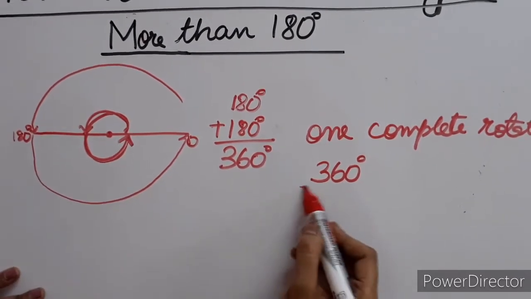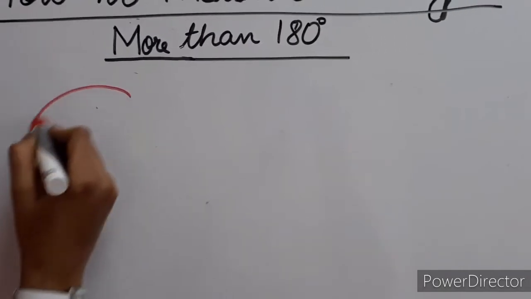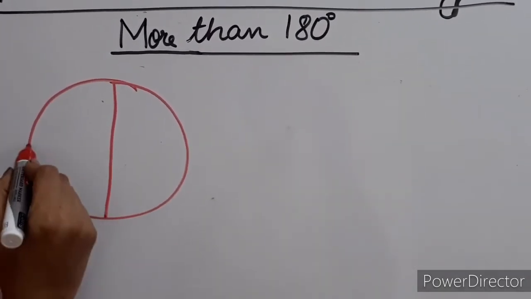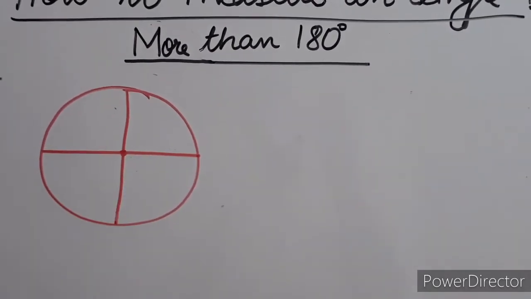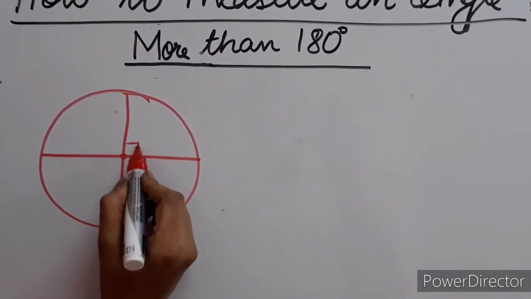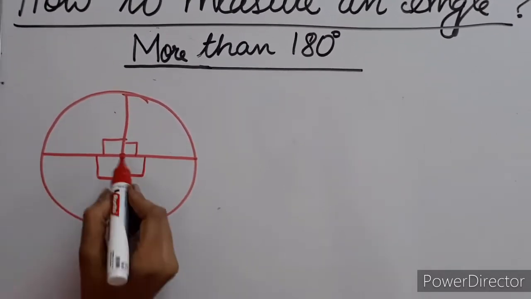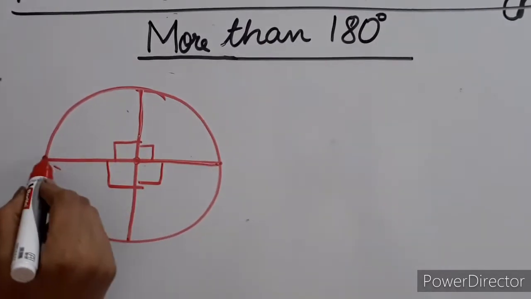So this forms 360 degrees. Now suppose this is a circle. If I divide this circle into 4 equal parts, and this is the fixed point, what will be the measurement of these angles? How can we measure? The circle is divided into 4 equal parts.